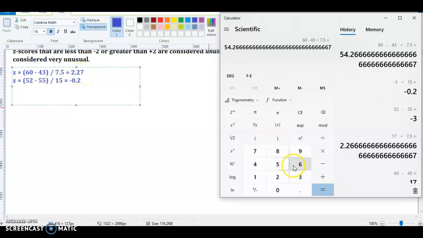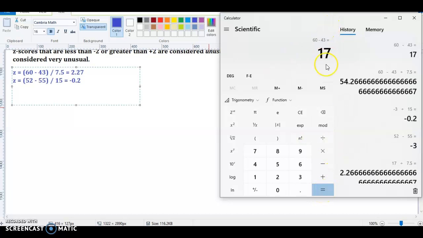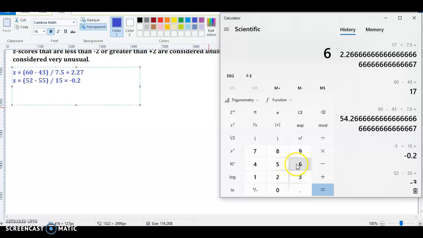So what you have to do is the subtraction first. Put in 60 minus 43 and hit equal to. We get 17. So you calculate the difference between the data value and the mean first, and then you divide by the standard deviation. If you subtract and then divide without calculating the difference first, you're going to get an incorrect result.